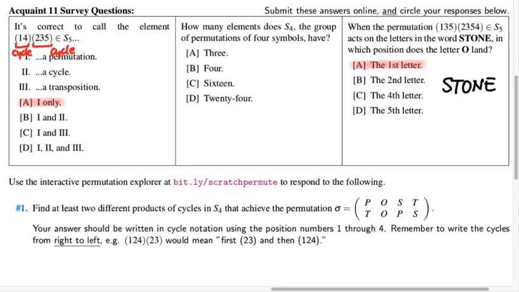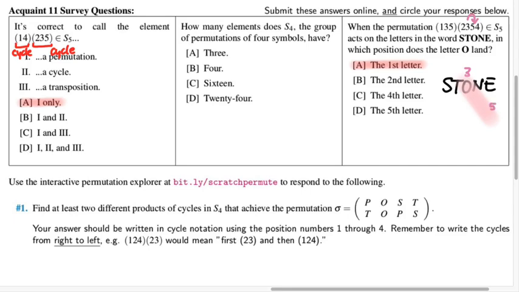Yeah, Kelly. After doing the whole thing, you can see that O starts in the third position. 3 goes to 5, so I know that this O is going to end up over here in position 5 after the first cycle. And by the way, the first cycle is this one, remember, because we're reading this composition of cycles from right to left. So the O ends up in position 5 after one step.